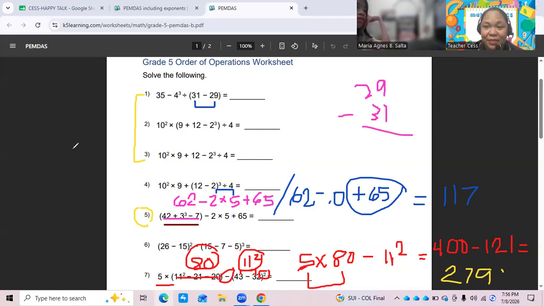Oh, it's reversed. You will write 31 first before 29, because 29 is not enough to subtract 31, right?